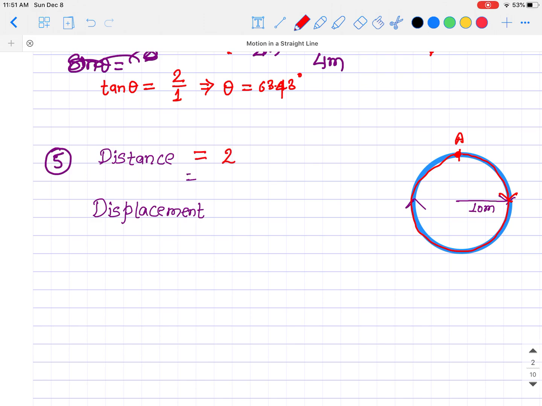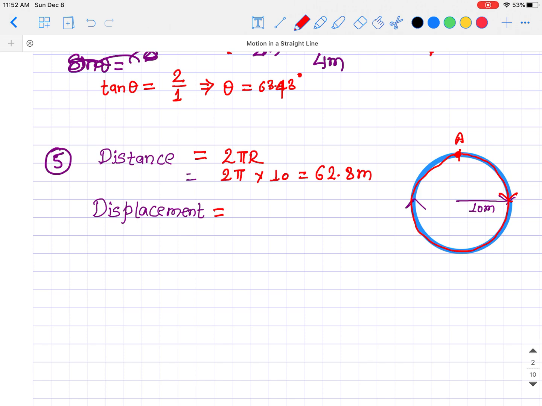The distance is the circumference, the 2 pi r, which is the length of a circle. So 2 pi, and our radius is 10 meter. If you multiply them together, you will get 20 pi, which is 62.8 meter. 62.8 meter is the distance.